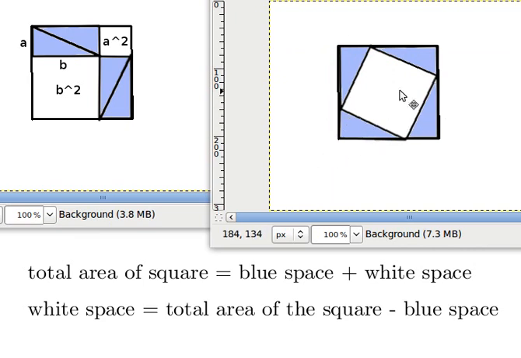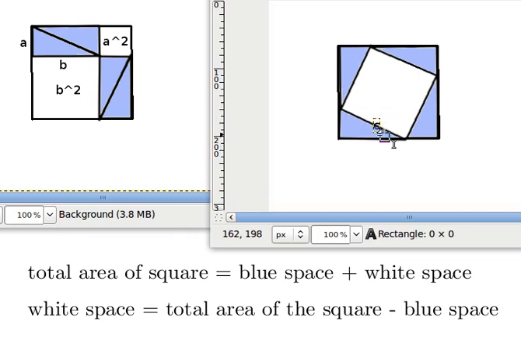These triangles haven't changed length at all. So that means this is still side length C. This is still side length A. And this is still side length B. And the white space hasn't changed. So that means this middle part here is C squared.